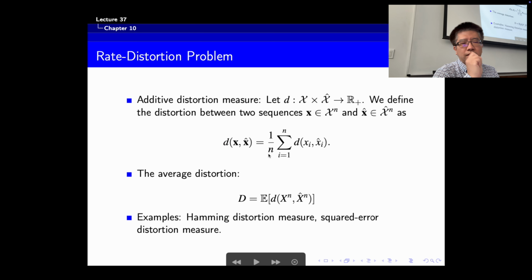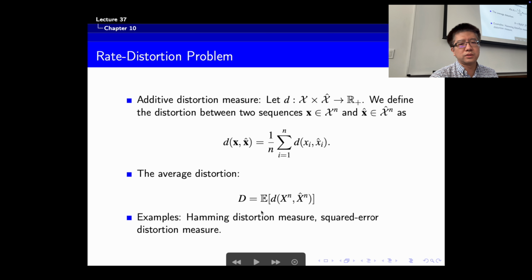For the distortion, we consider a very special form of distortion, that's additive distortion. It is given by this: the total distortion equals the summation of the distortion of each individual element. Then this is the average distortion, so we take the expectation.